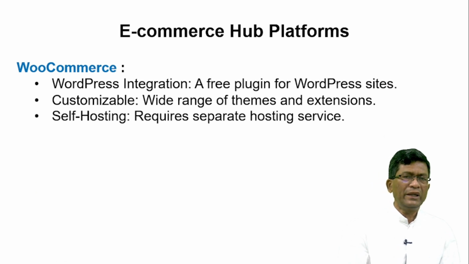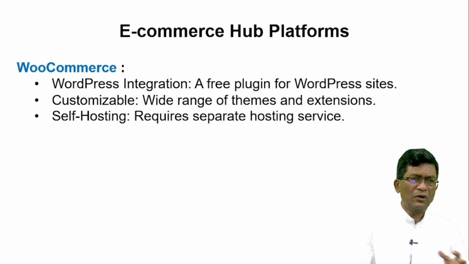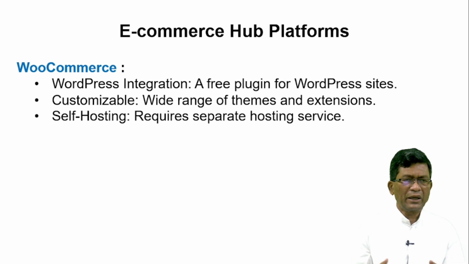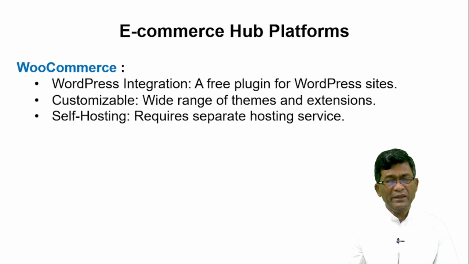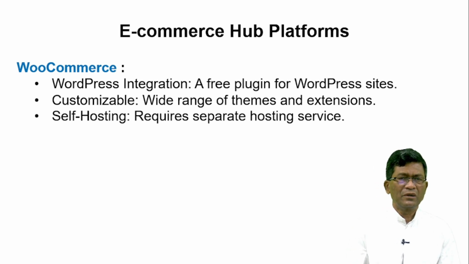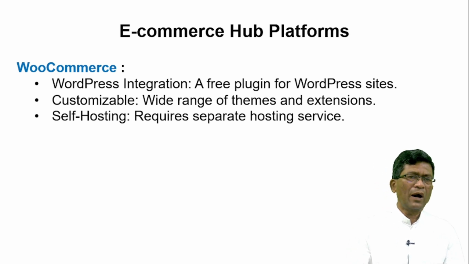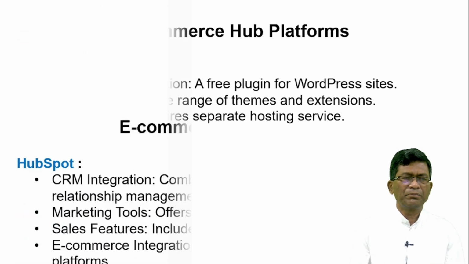It gives you free WordPress integration. So you can have your website in WordPress, connect it, and it offers many themes and extensions for customization, but you have to host this. You need to provide separate hosting, which is a kind of disadvantage in this platform.